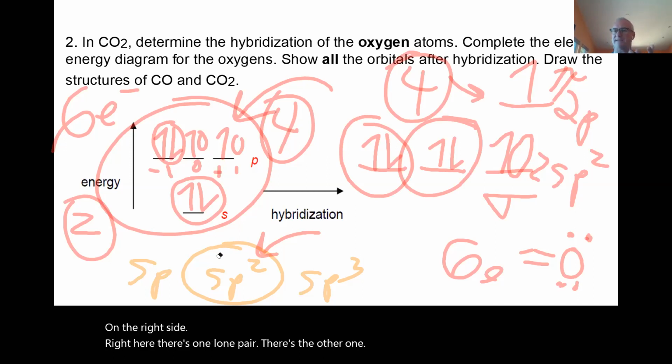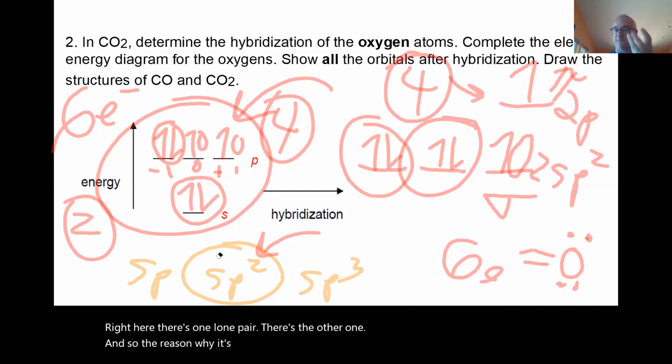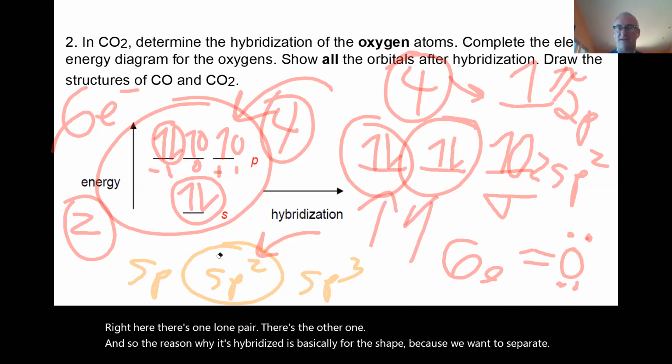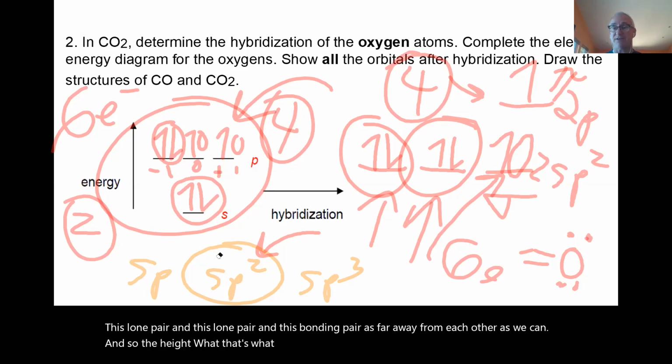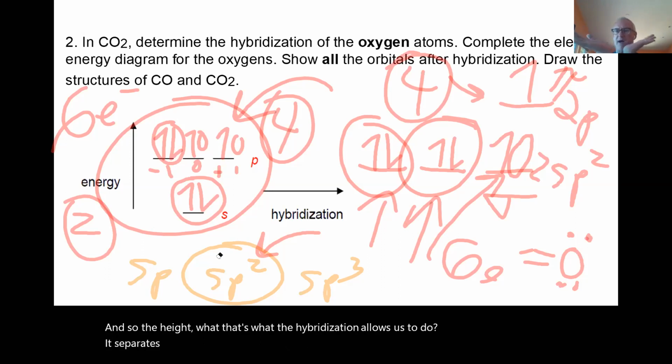And the reason why it's hybridized is basically for the shape, because we want to separate this lone pair and this lone pair and this bonding pair as far away from each other as we can. That's what the hybridization allows us to do. It separates them as far apart as possible.